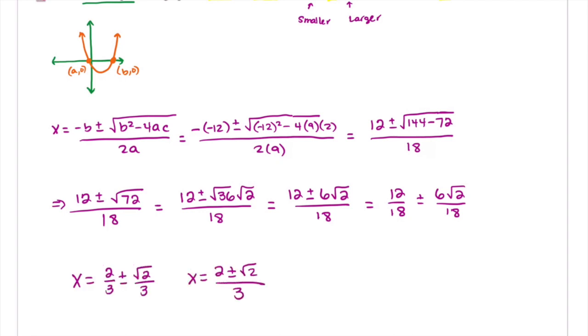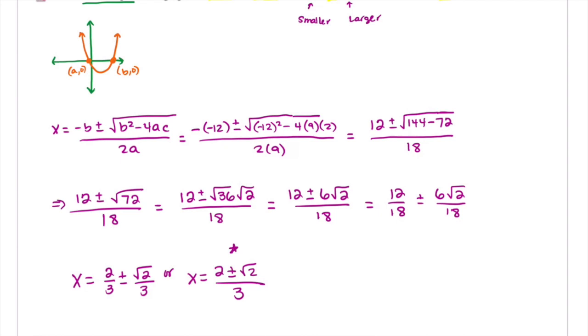All right, so here's my final answer so far. We have x equals, you could either write it as separated fractions or one entire fraction, just because the denominators are the same. So I am going to just represent my answer like this one. 2 plus or minus square root of 2 all over 3. So what is the value of A?